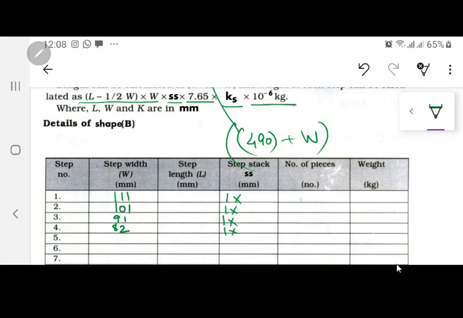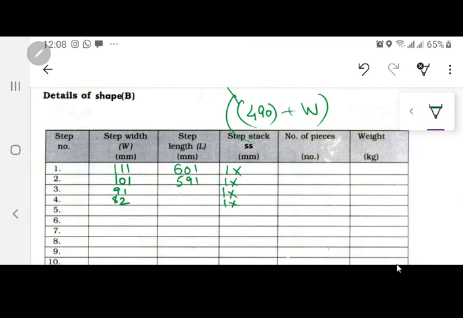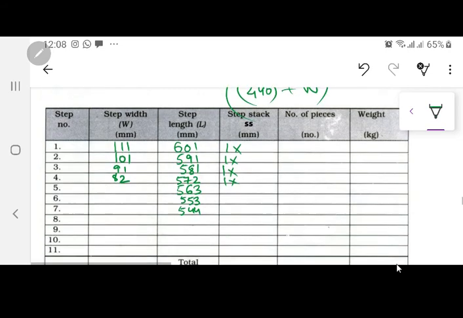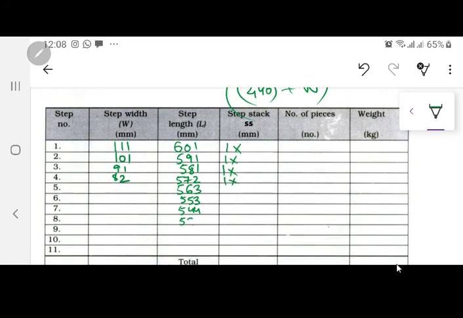Number of pieces. Okay, step length 601, 591, 581, 572, 556, 553, 544, 534, 523, 514.